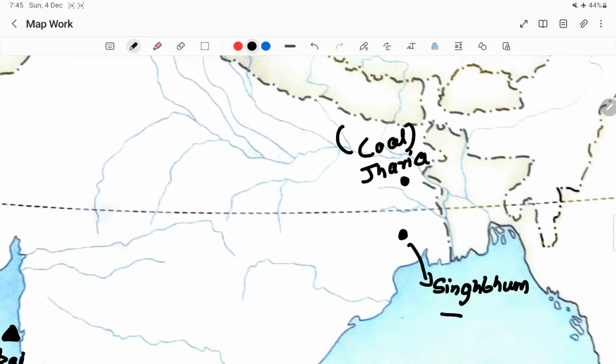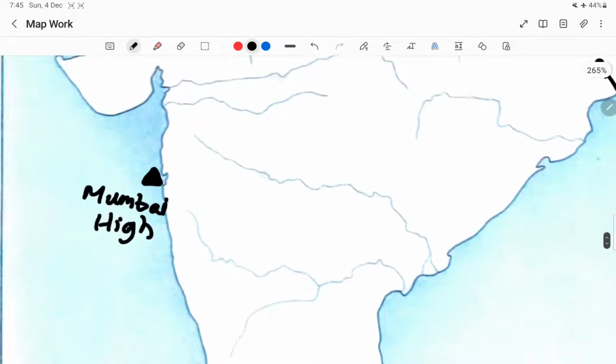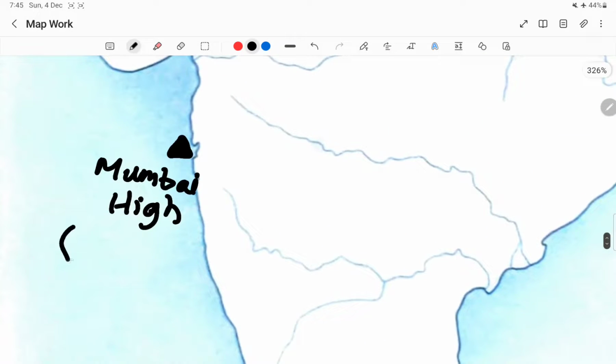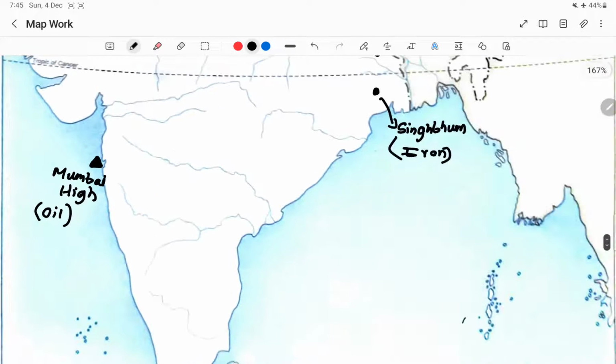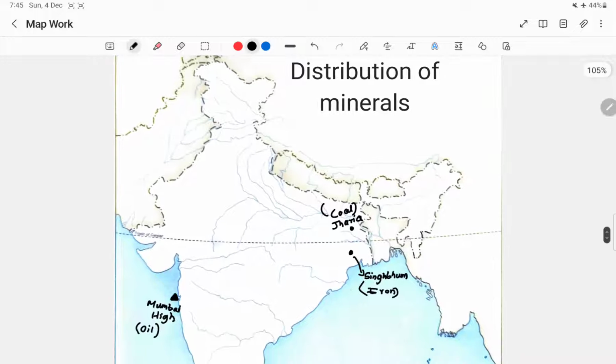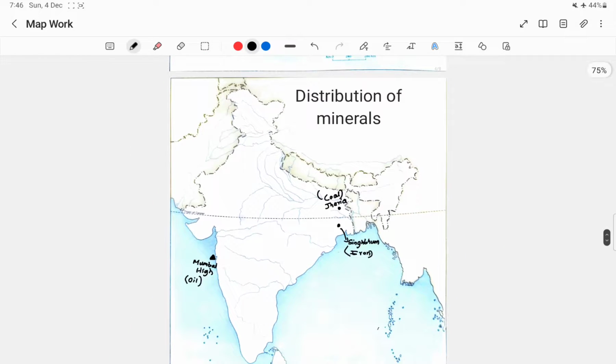Singbum was for the iron. And the third one, the Mumbai High, was the offshore oil field. Now, here ends our second topic also. Now, we'll move to our next topic, that is the soil distribution, in which we have to mark the alluvial, black and the red soil only according to the latest board pattern.